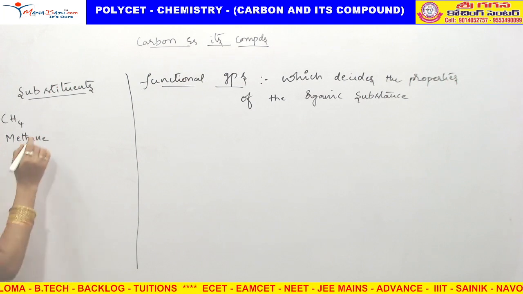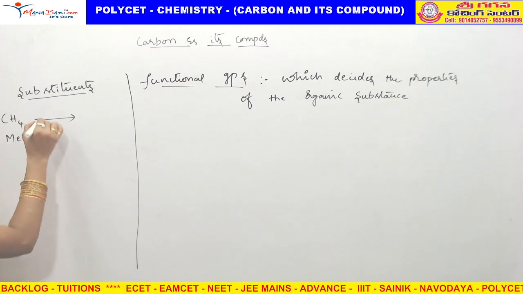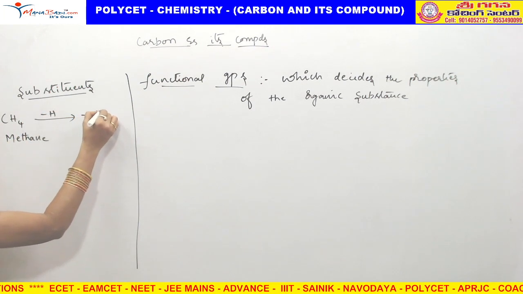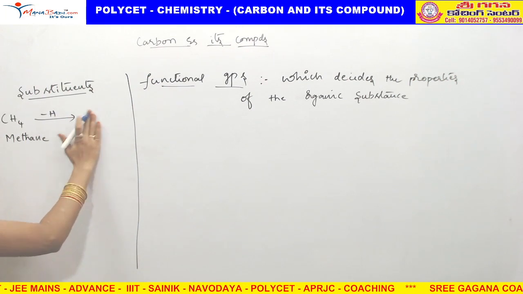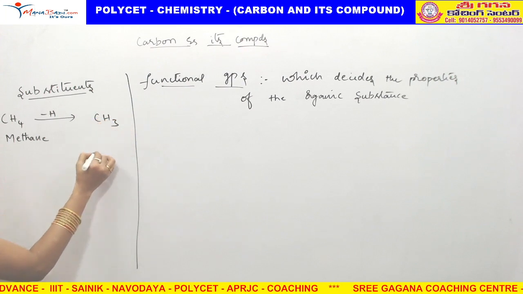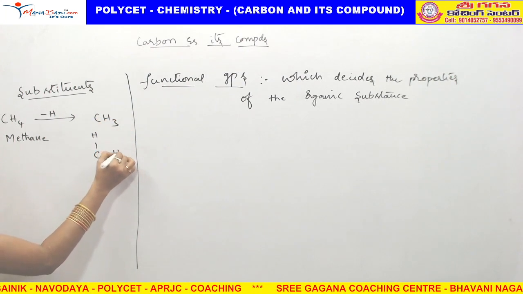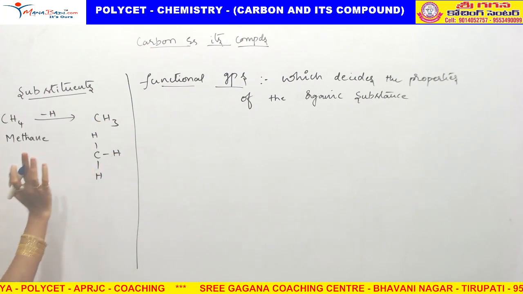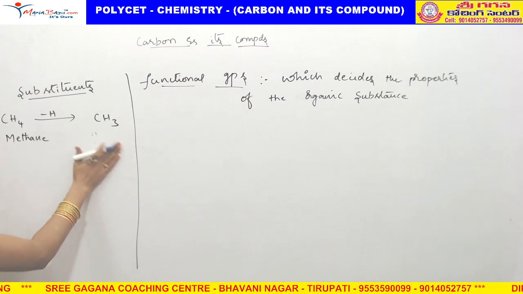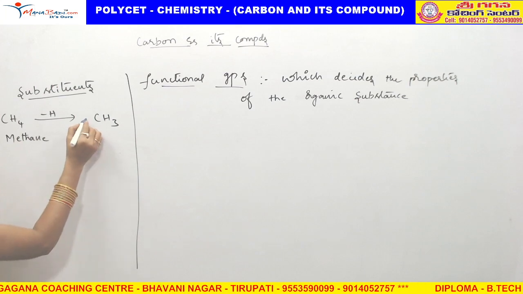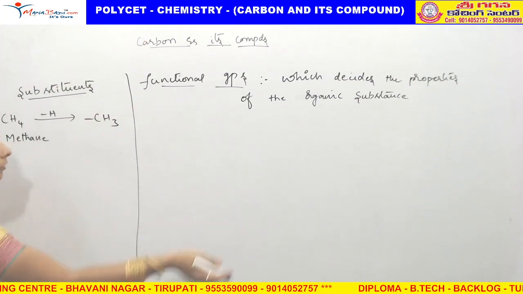Methane, if you remove one hydrogen, we will get CH3. Why did I use the bond with CH3? If you write only CH3, it is not satisfied with 4 valency. Only 3 valency is there, so the 4th valency is not there. So it is not satisfied, so this end we are going to connect with another compound.